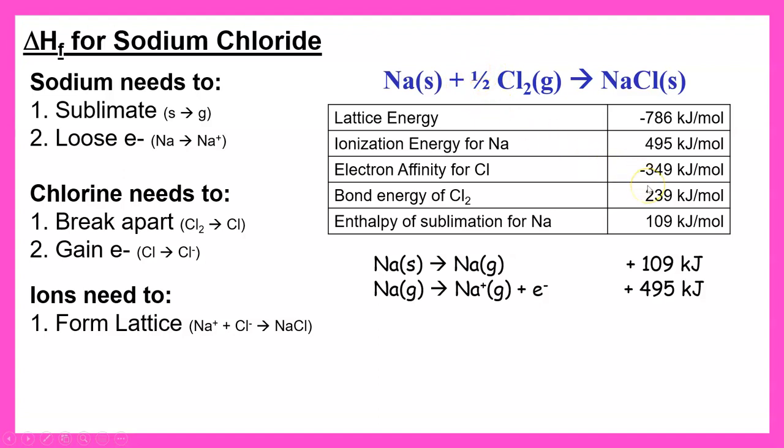But this value in my chart is for 1 mole. So I need to take 1/2 of that value. Then my chlorine atom needs to gain an electron to turn into a chloride anion. That's the electron affinity.